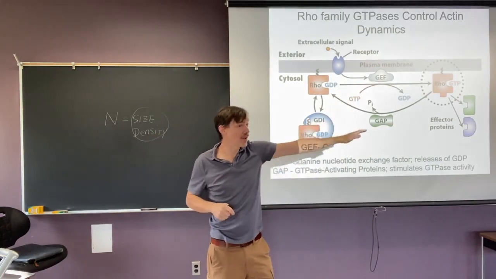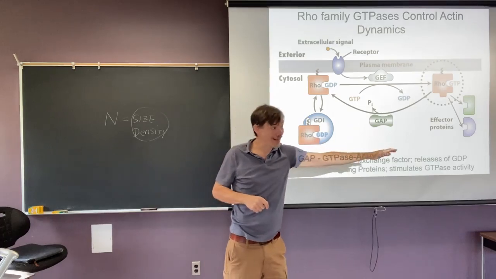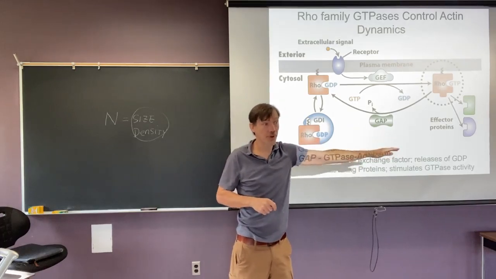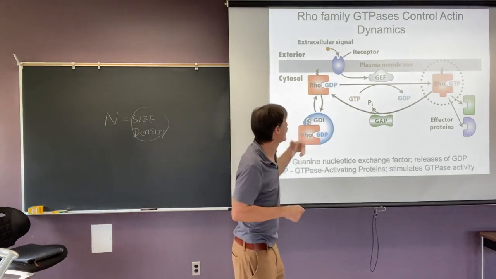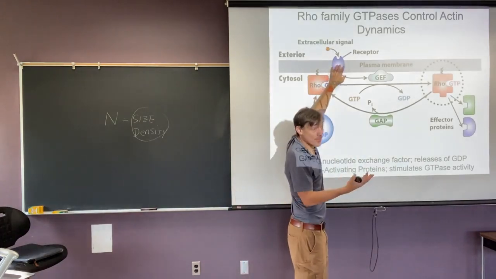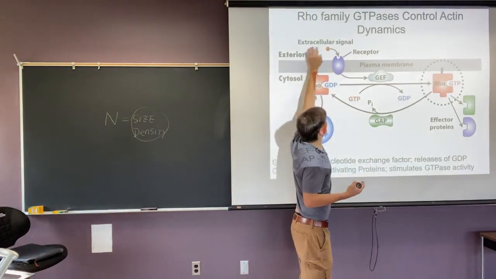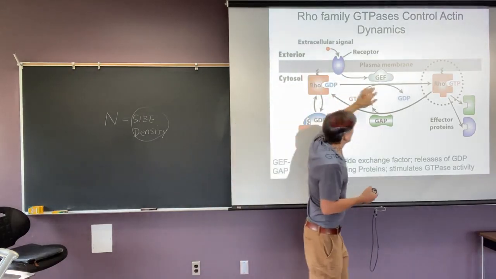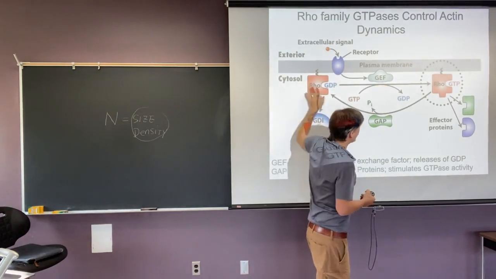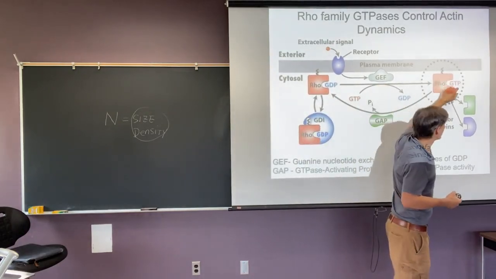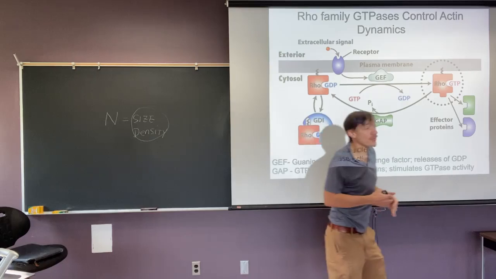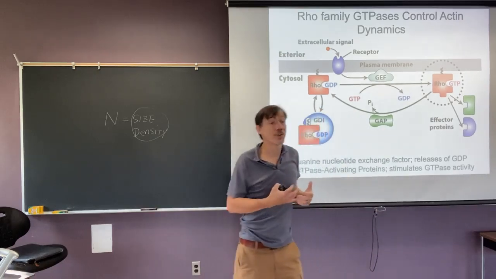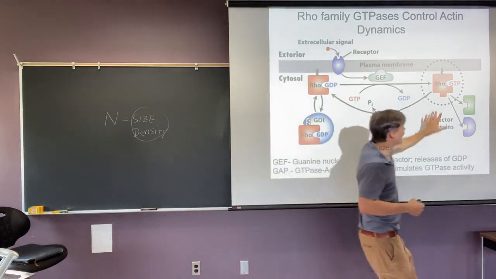It was driving actin assembly where it needed to happen in order to move the cell towards the bacterium. And what you can imagine is that there are receptors on cells that are binding signals, and when they get these signals, they activate GEFs. These GEFs can activate Rho, and then Rho turns on effector proteins like formins and profilin to drive actin assembly where it's needed.